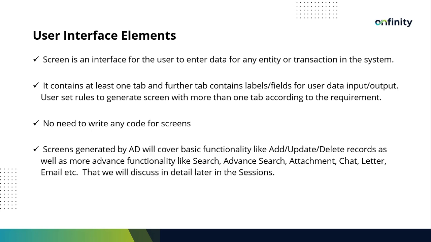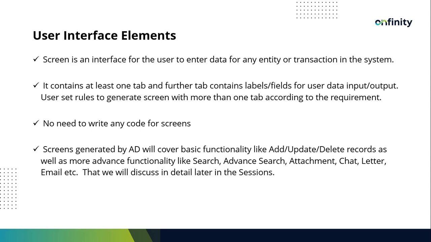For screens, users do not need to write any code. It is automatically handled by the Onfinity framework based on the configuration done for a particular screen. Screens generated by the application dictionary cover basic functionality like adding, updating, and deleting records, as well as more advanced functionality like search, advanced search, attachments, chat, letters, and email.